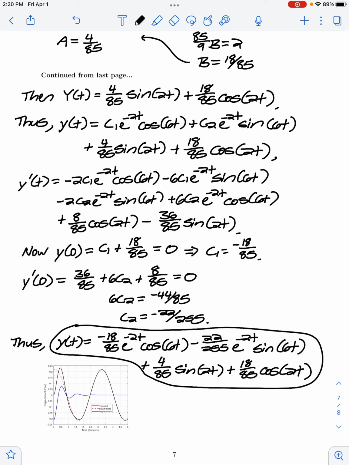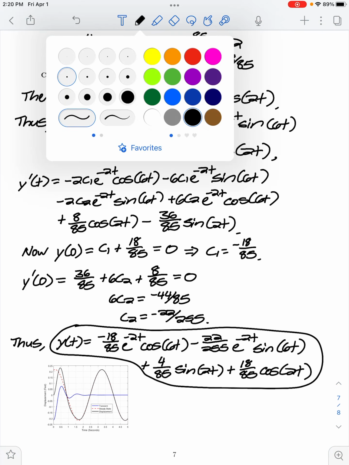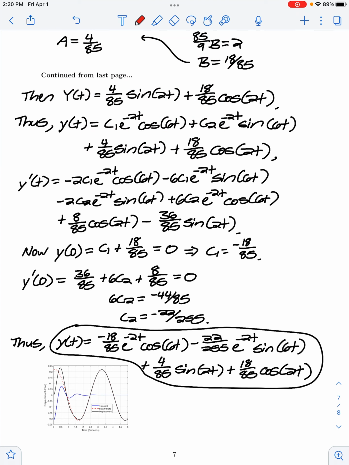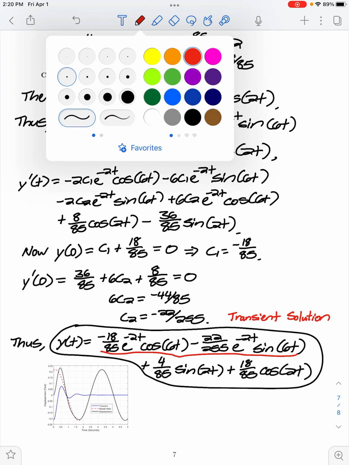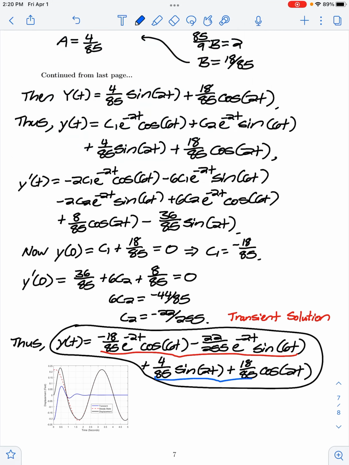And we were asked to identify the transient and steady state solutions. So recall the transient solution is what we call the homogeneous solution. And the particular solution is what we call the steady state solution.